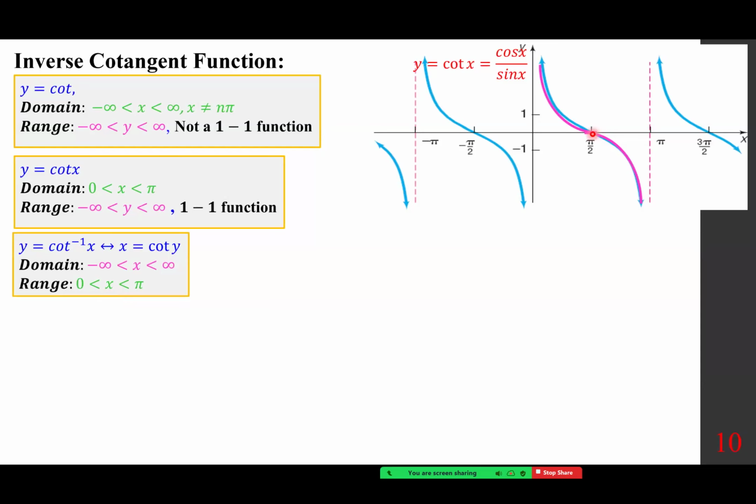This point has coordinates power to 0. So this goes to 0, power 2, just as an example. VA, x equals 0, x equals pi. They become HA.